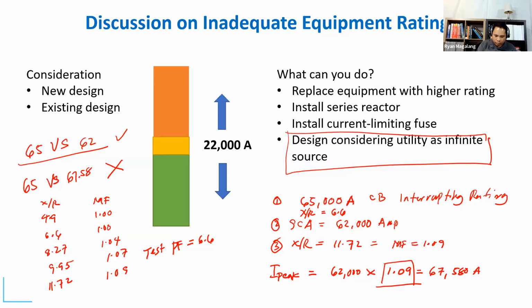But what I'm trying to drive at here, why I keep going back to this 1.09, is where did this come from?